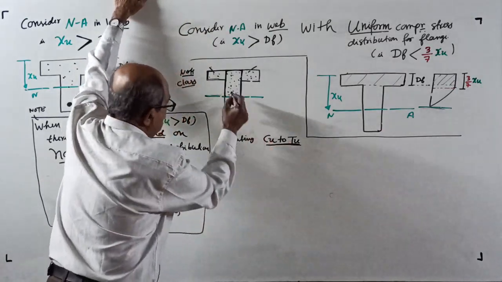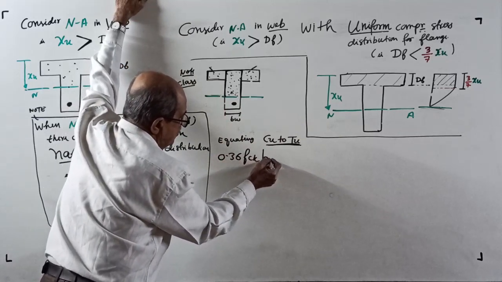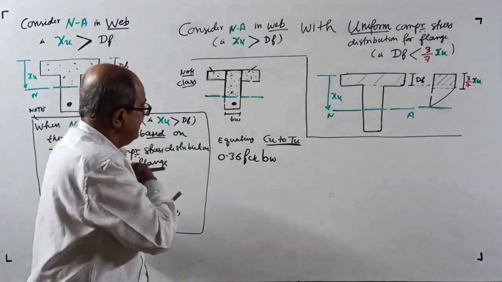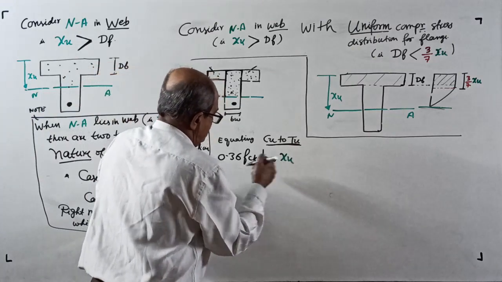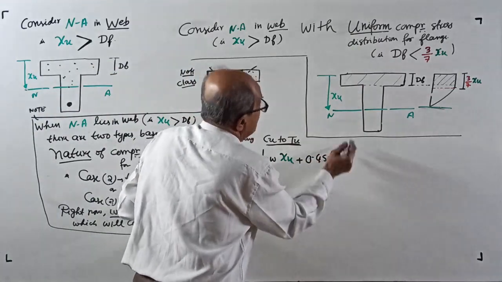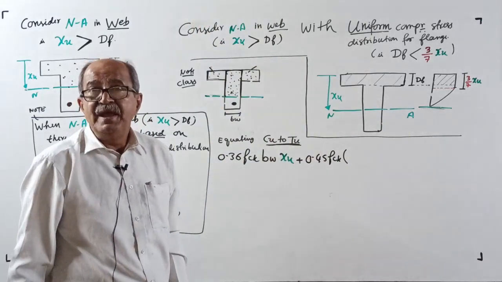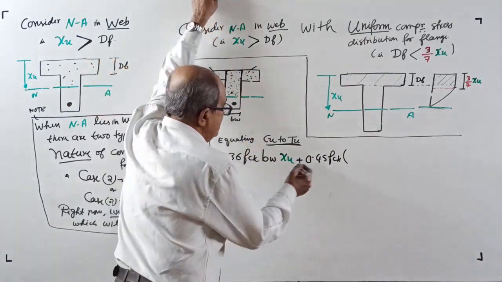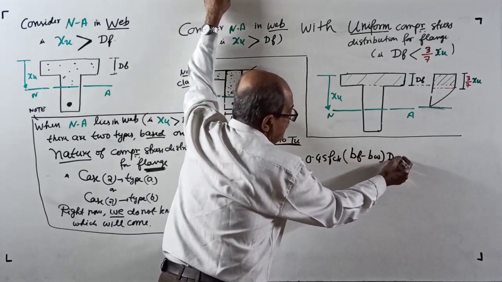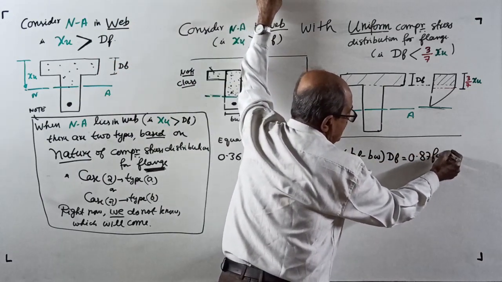Equating Cu to Tu, 0.36 fck into bw into xu, xu means the neutral axis depth, plus 0.45 fck into bf minus bw into Df equal to the same thing, 0.87 fy into Ast.